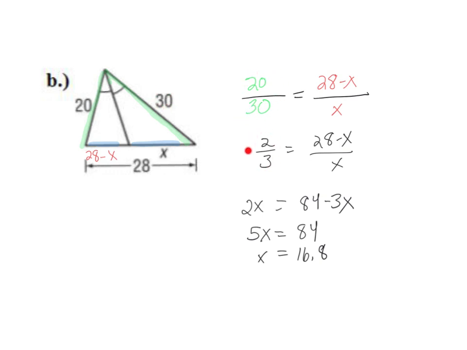And you can see that I reduced that to 2/3 just to make those numbers smaller. And then this is going to be 28 minus x, and this is x. And so that's our other side of the proportion. And so once I get that set up, I'm going to be able to cross multiply and solve this equation and get that x is equal to 16.8.